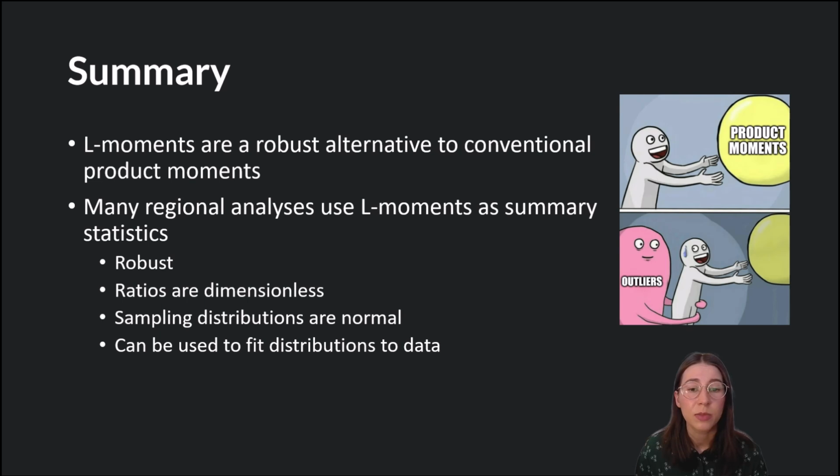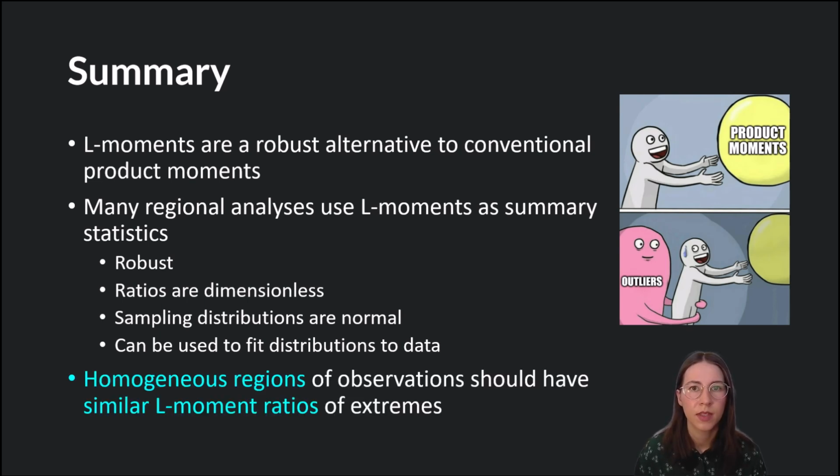The sampling distributions are normal, and they can be used to easily fit distributions to data using the L moment ratio diagram. I also want to point out that homogeneous regions should have similar L moment ratios of extremes. For example, if you have a homogeneous region that represents the same phenomena, the L moment ratios should be very similar for all of the sites within that region.